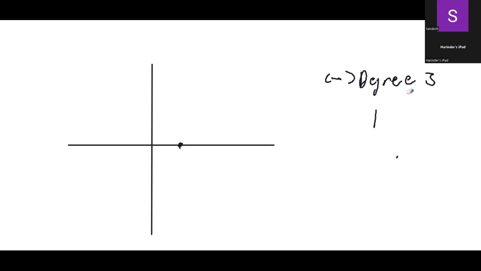This one, I'm not gonna give you any hint. Degree 3, okay? It's okay, just draw it. If you're wrong, you're wrong. It's positive leading coefficient, 2 zeros, and 2 turning points.